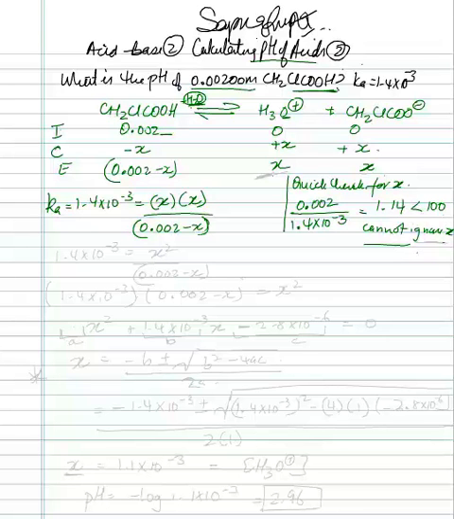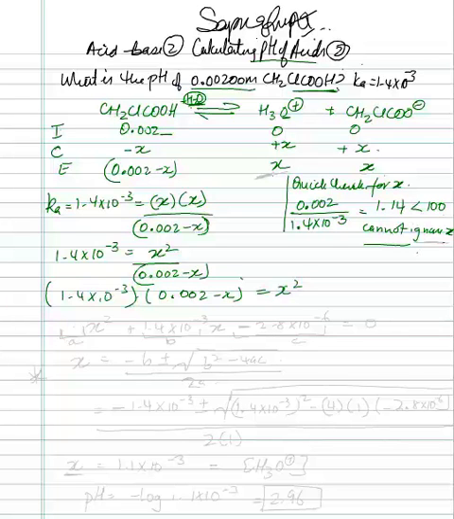So which means that we've got to work this out, which means that 1.4 times 10 to the negative 3 is equal to X squared over 0.002 minus X. Then multiply all of that by 0.002 minus X, and this is all equal to X squared.